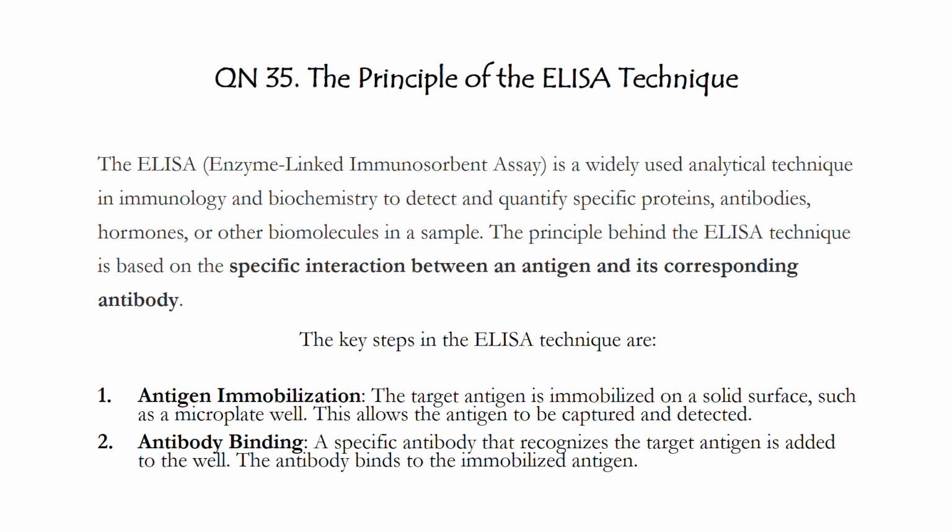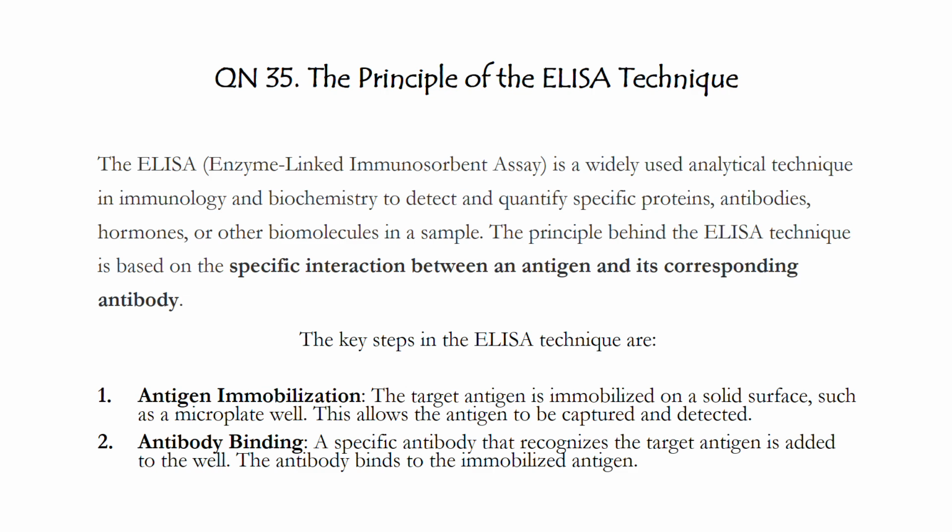The next question was about the principle behind the ELISA technique. As I've said before, when we say ELISA in immunology, we understand the interaction between the specific antigen and its corresponding antibody.